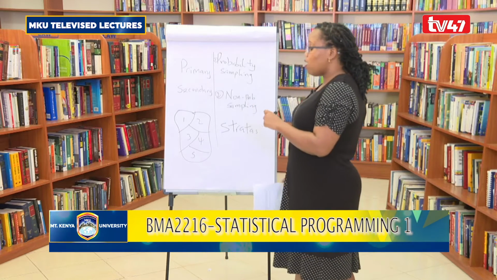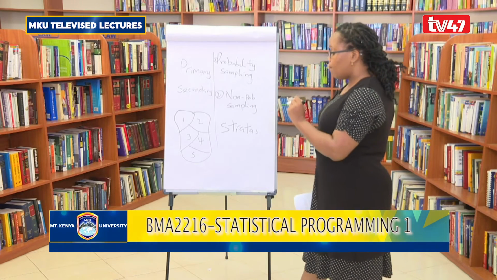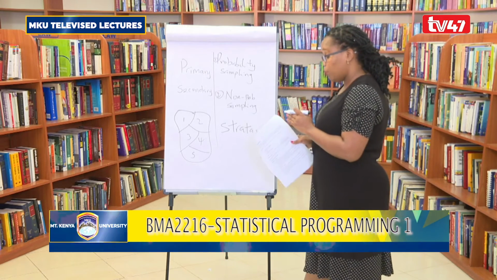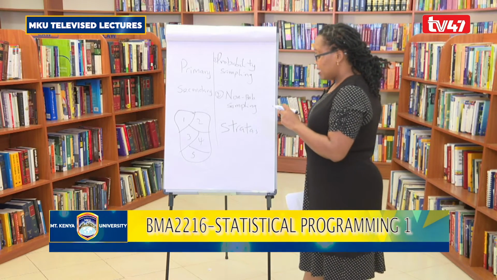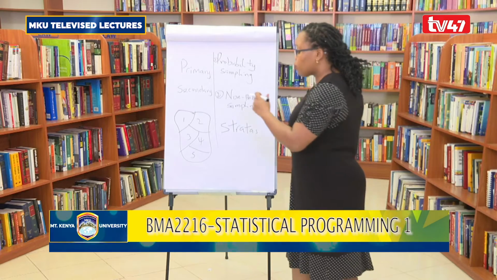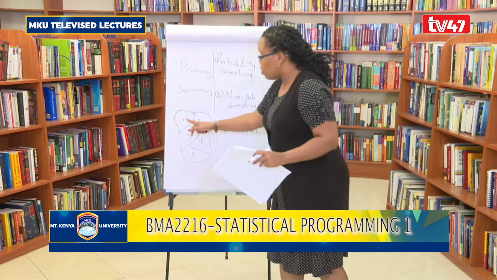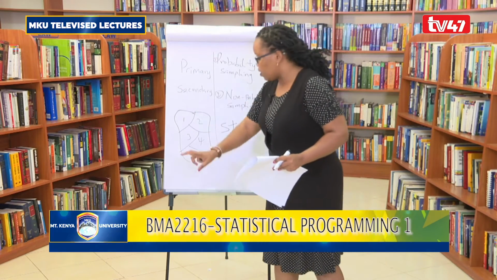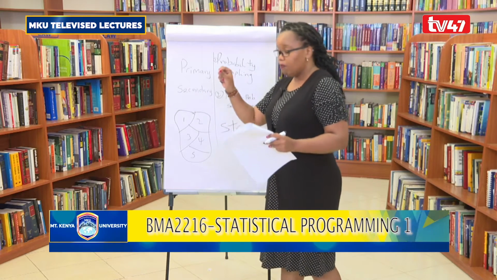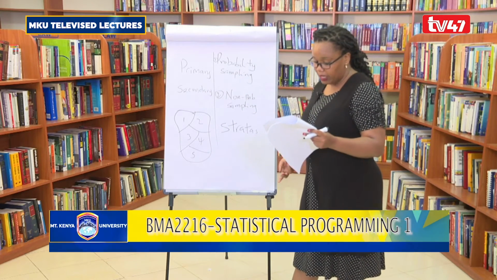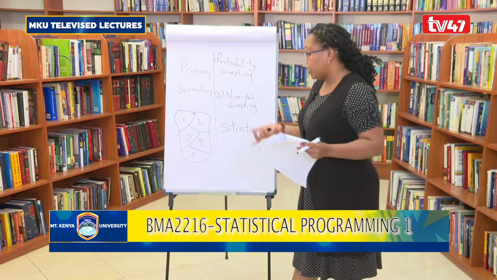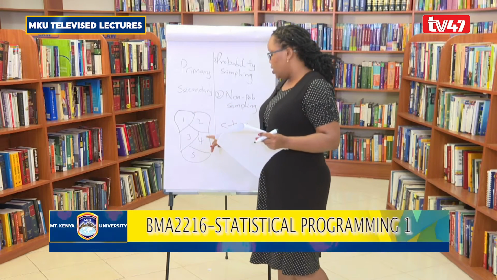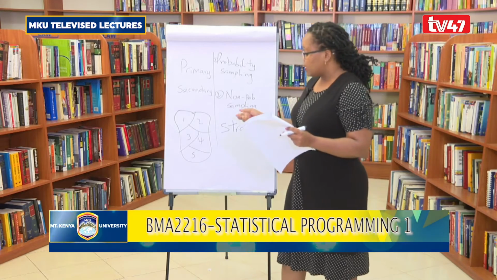So you pick your sample proportionately in terms of the number of individuals that make up the population. Once you have identified your strata, then to pick, you apply randomness. Just pick without any bias, because in simple random sampling, everyone has an equal chance of being picked. So we employ the simple random strategy to get our sample.